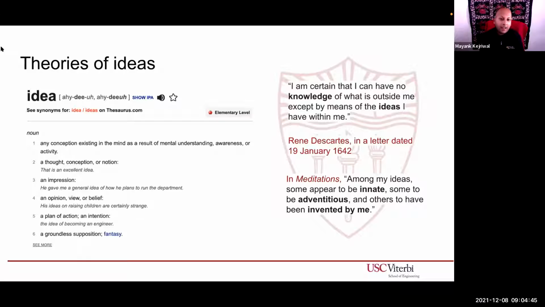The one I like to cite is René Descartes, who classified ideas into 3 different categories. He felt that ideas like God, for example, were innate, we're born with them. Adventitious are things that we discover, and invented by me are basically fictional ideas, like a hippogriff or a hydra or something like that. So, next slide.